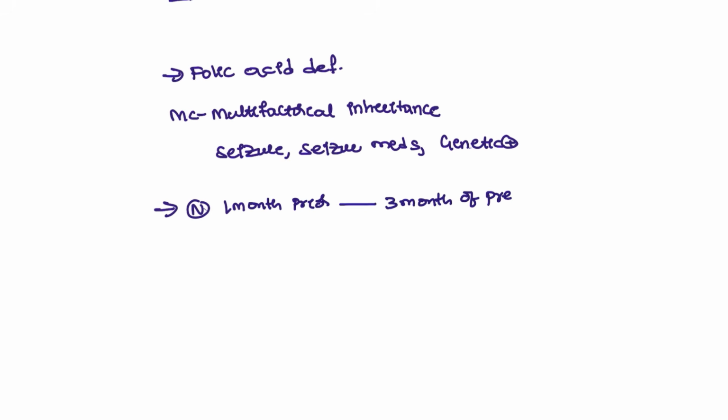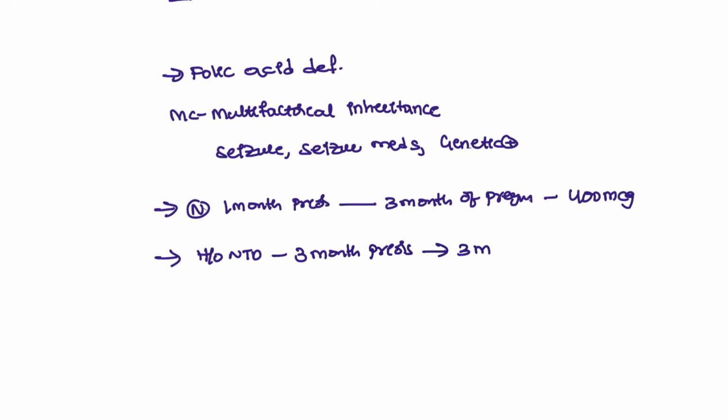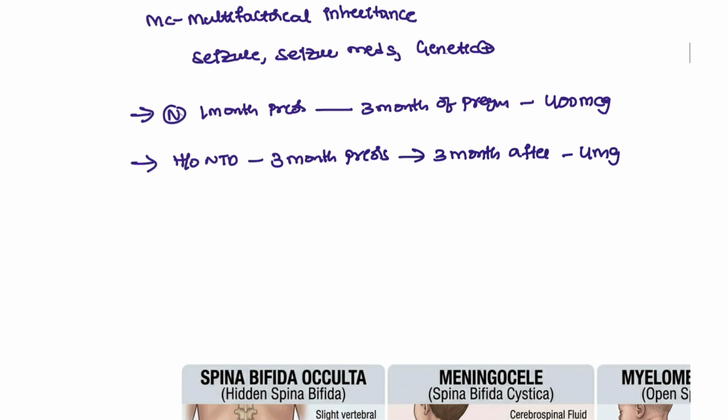After 3 months of the pregnancy, how much do we have to give? 400 micrograms. But if there is a history of neural tube defects, we have to give it 3 months prior and also 3 months after, and 4 milligrams has to be given for this patient.